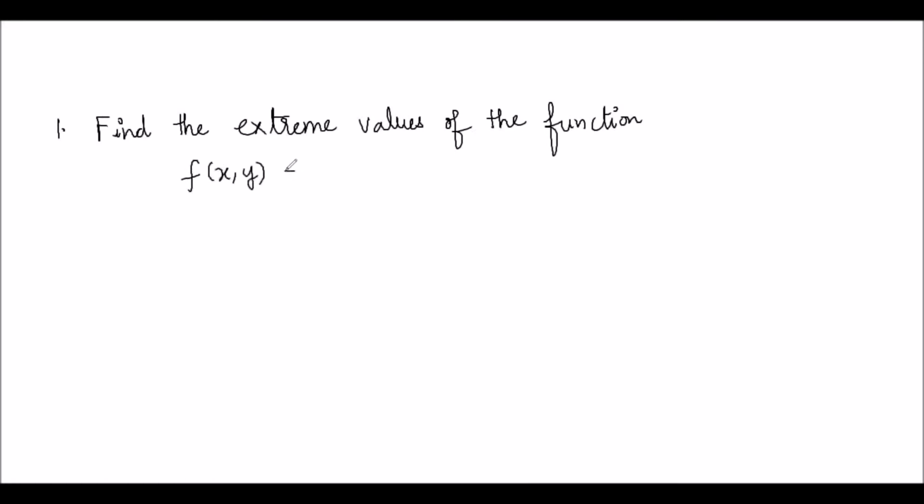F is a function of x and y, and the definition of this function is xy plus a cube upon x plus a cube upon y. So this is the given function. We will be finding its critical points, then we will identify which are the points of local maxima and local minima, and at those points we will find the extreme values of the given function f. So let us start.